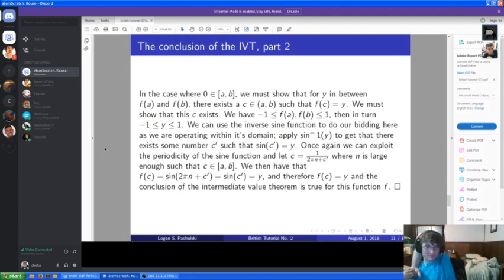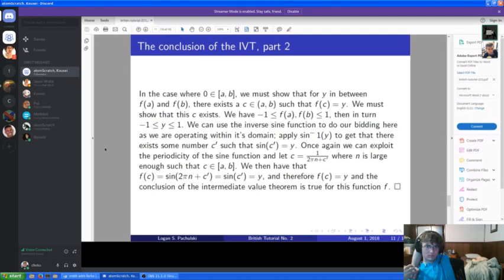We apply the inverse of sine to y to get that there exists c prime such that sine of c prime equals y. Once again, we can exploit the periodicity of the sine function, and let c equal 1 over 2 pi n plus c prime, where n is sufficiently large enough that c is in the closed interval ab.